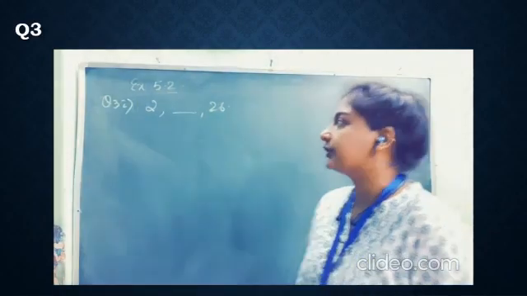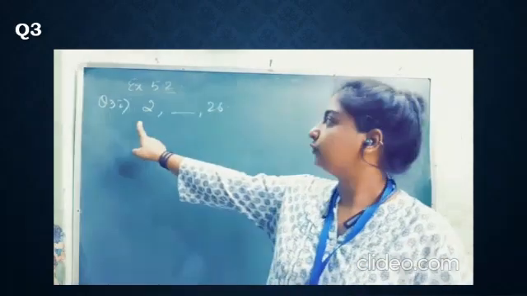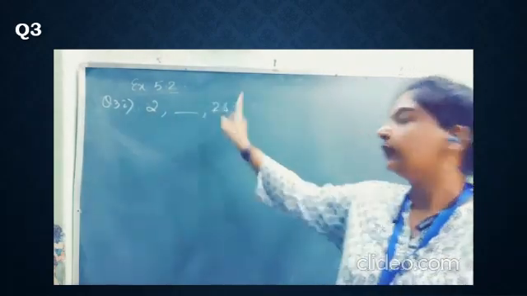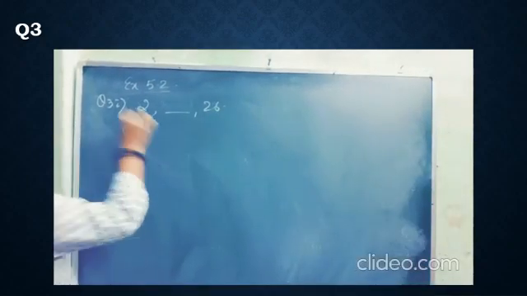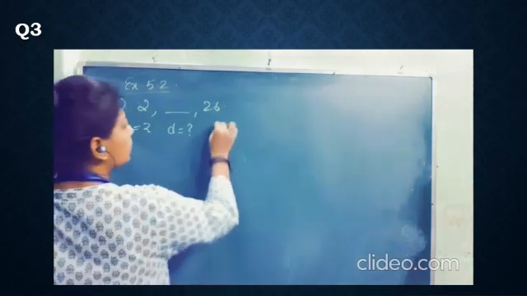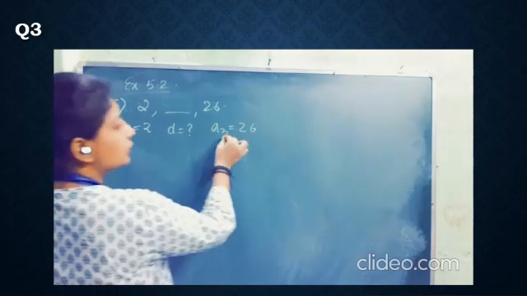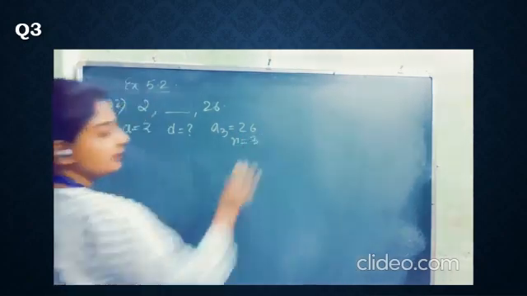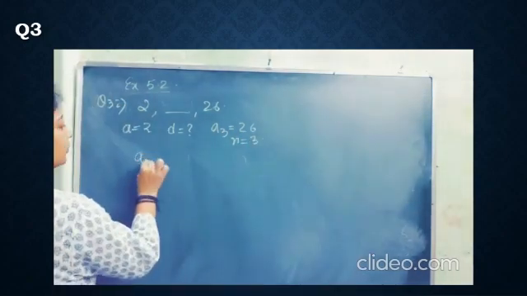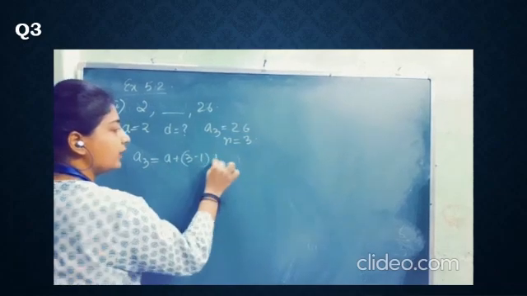Now in the third question, we have to find the missing terms. The first term is given as 2, the second term is missing, the third term is given as 26. So we know a equals 2. We don't know the common difference, but we know the third term is 26. For the third term, n is 3. We can put the value: a3 equals a plus (3 minus 1) into d.